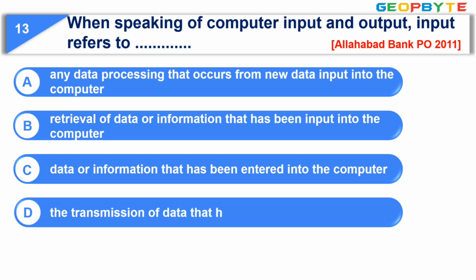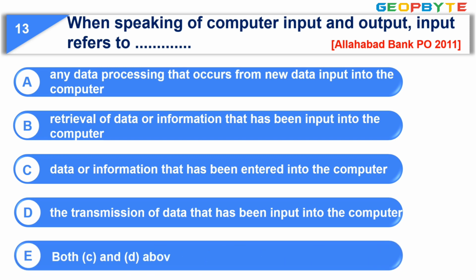Option D, the transmission of data that has been input into the computer. Option E, both C and D above. And the correct answer is option E, both C and D above. It means data or information that has been entered into the computer and the transmission of data that has been input into the computer.